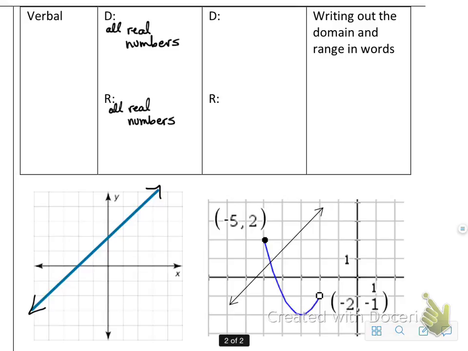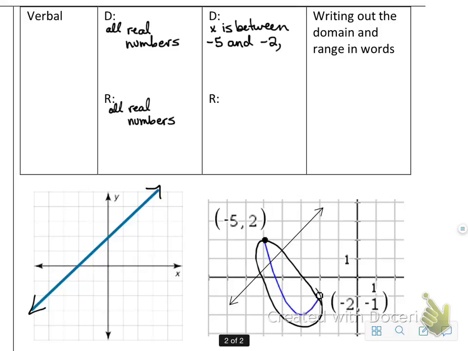Now, if we actually look at our picture, and we're going from left to right, we're talking about all of these x's. Okay, so for the domain, we're talking about where x is between -5 and -2. Okay, because it's between those two x values. So we're going to write that x is between -5 and -2.